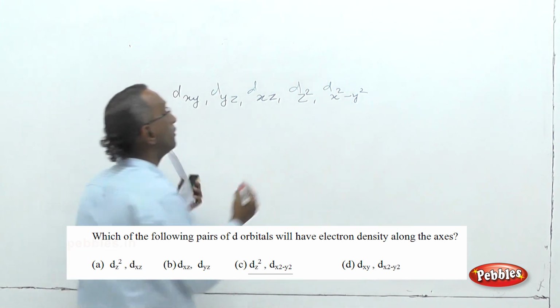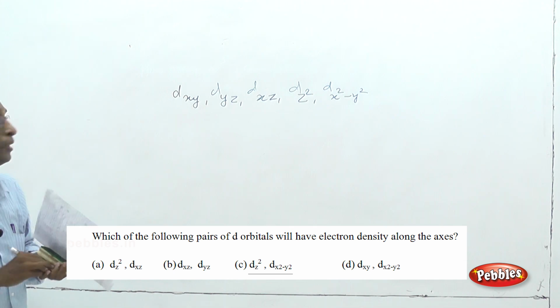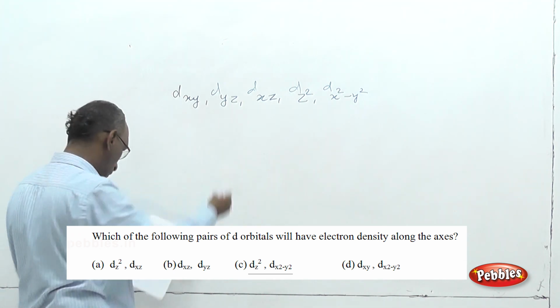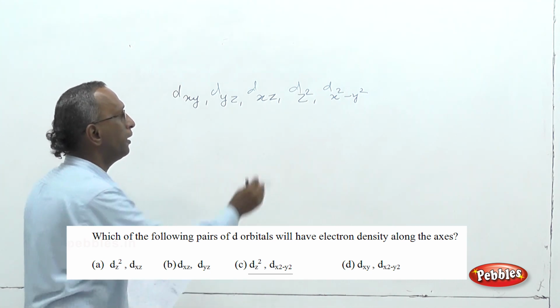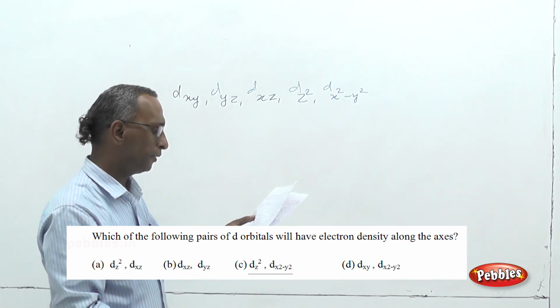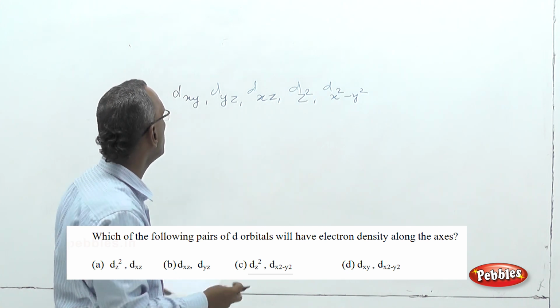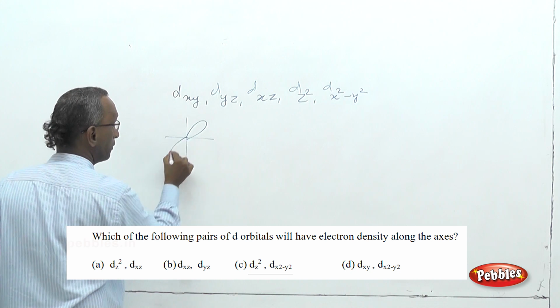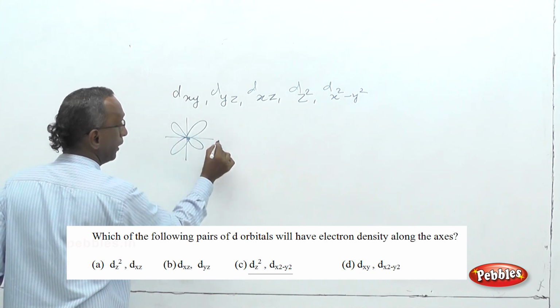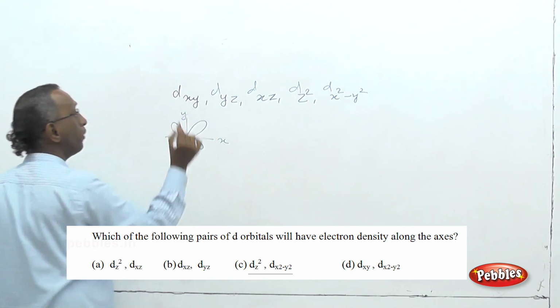We have seen that there are 5 types of d orbitals: dxy, dyz, dxz, dz squared and dx squared minus y squared. You have to be careful about the notation. This is x-axis, this is y-axis.